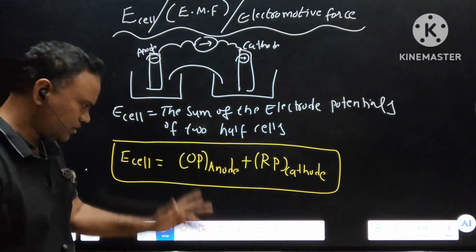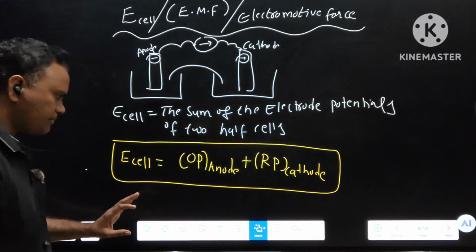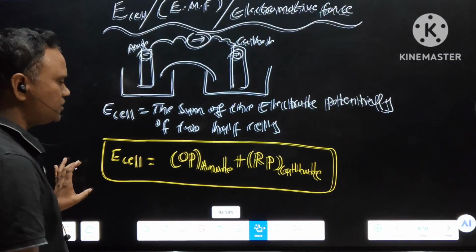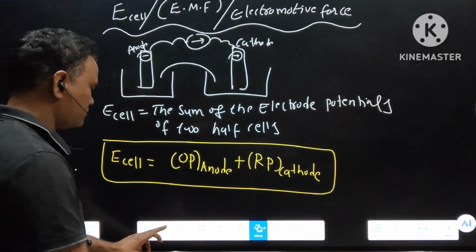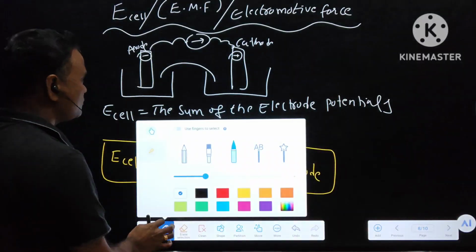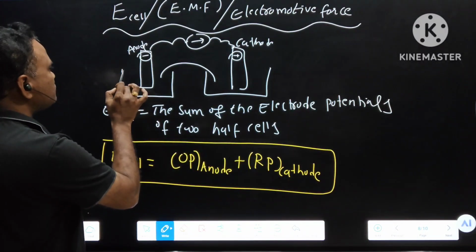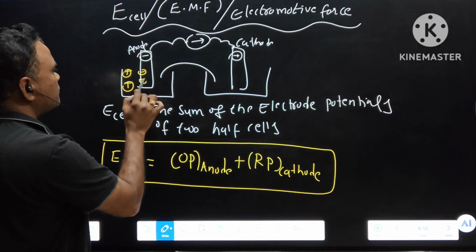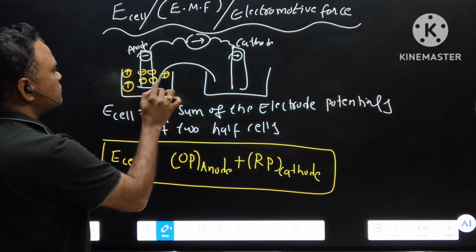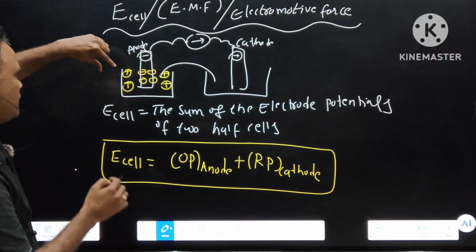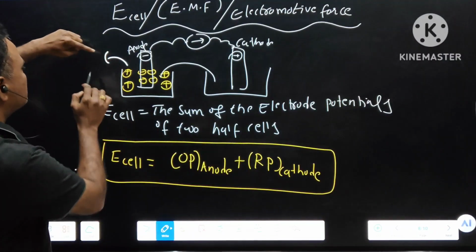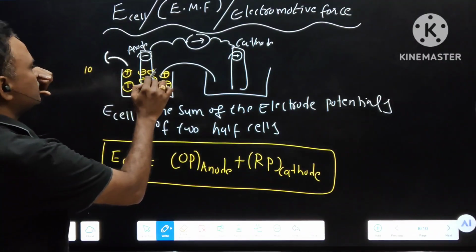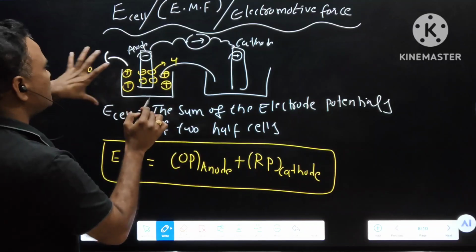For example, I'll give you another simple explanation. Negative, negative, negative, positive, positive. Clear? Let us consider one positive value as 10 and the negative value as 4.